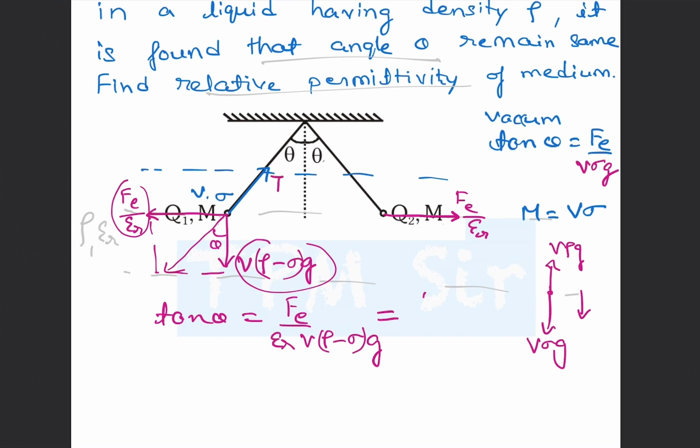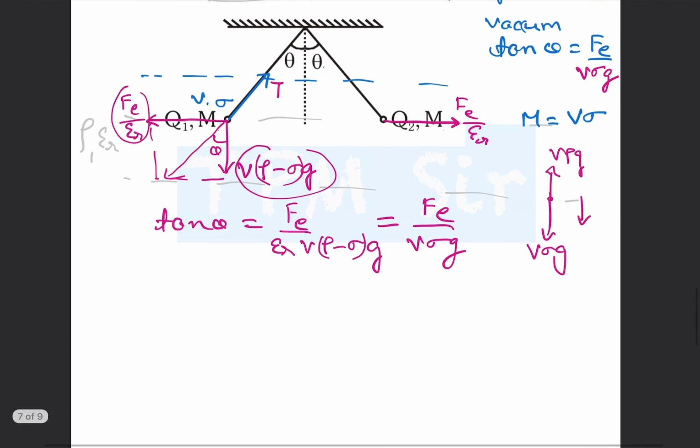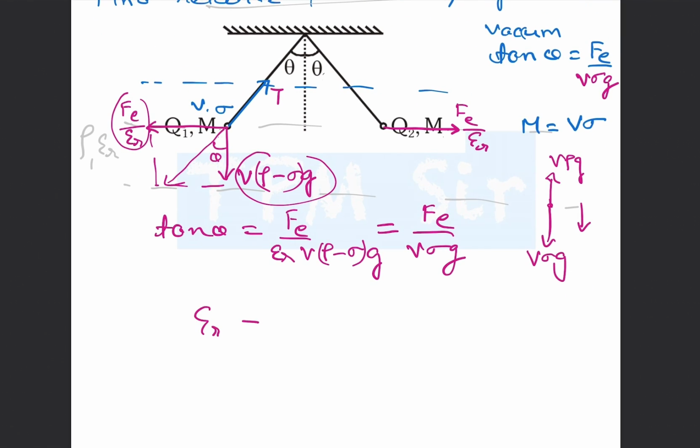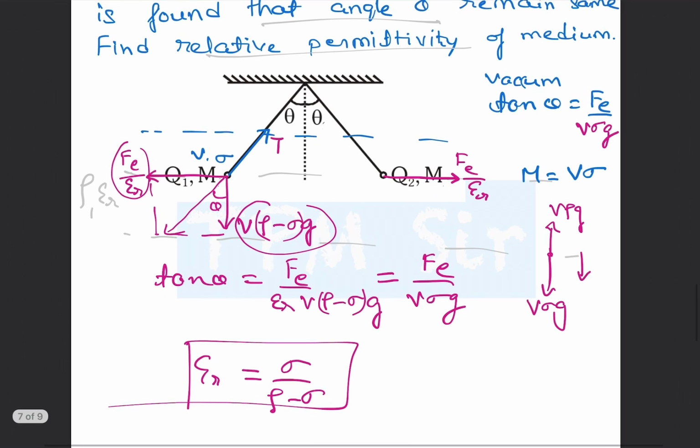If we equate this, Fe divided by V sigma into G, we will get the answer, and we are getting sigma upon rho minus sigma. This is it. So this is how these questions are solved.